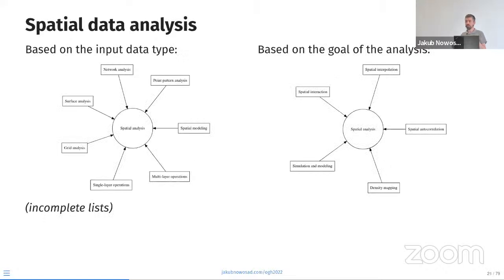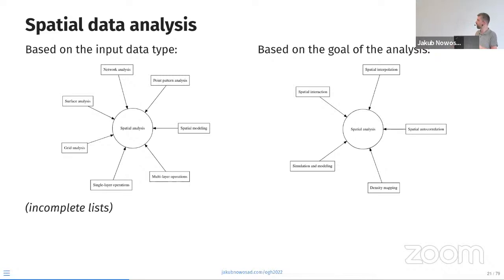But then that's probably not our result. We want to do something more. So we want to do some analysis. And here I try to gather some ideas on how we can classify different spatial data analysis. You have that we can classify them based on input data type.